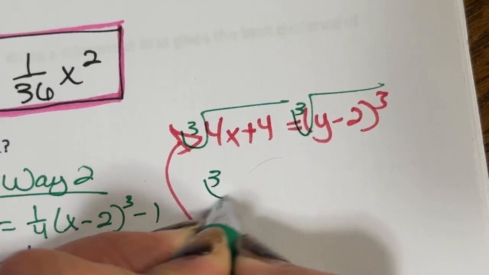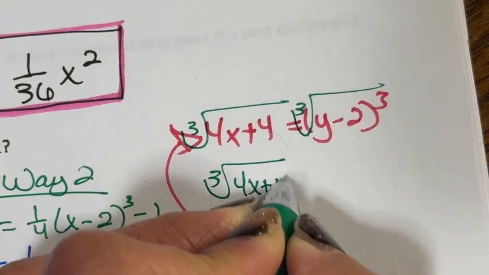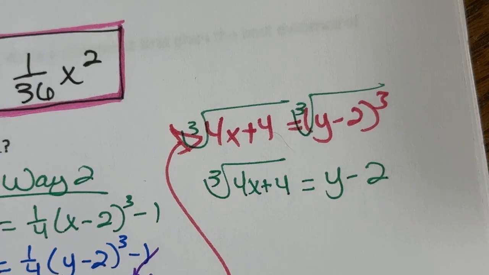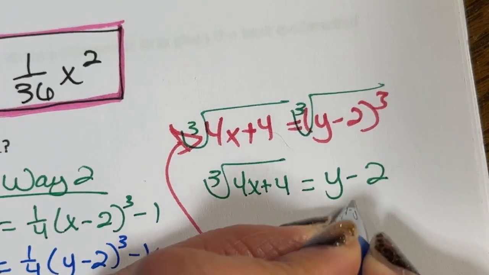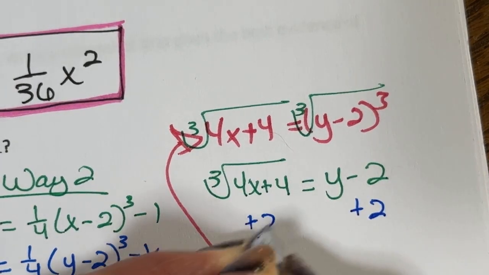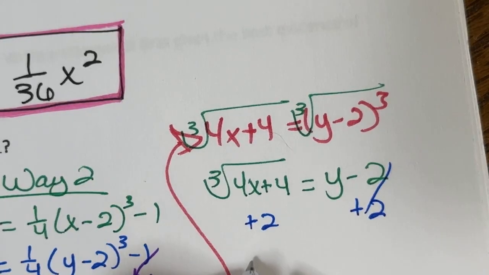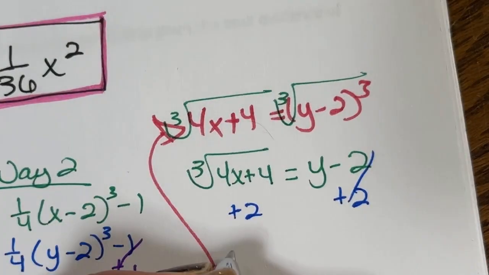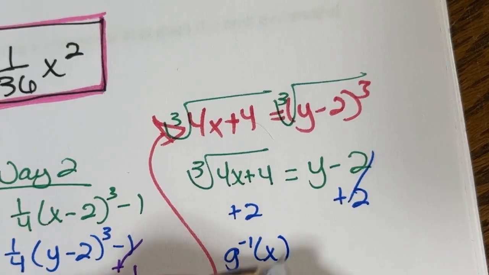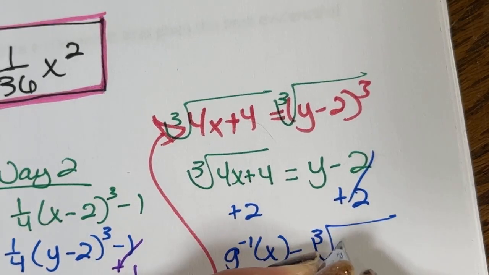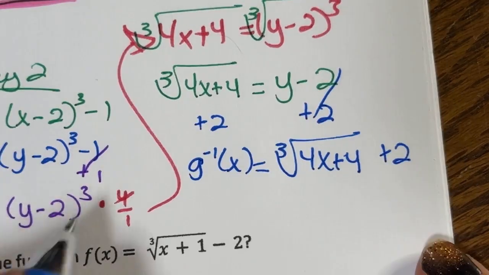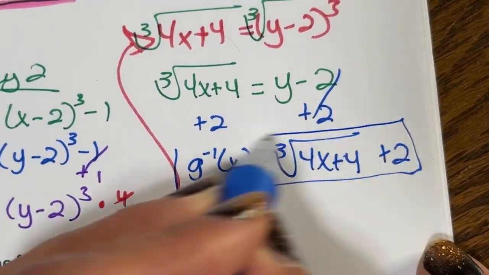So I'm going to have the cubed root of 4x plus 4 is equal to poof, y minus 2. And then we need to get rid of that minus 2 by adding it to both sides. So then we could put y equals, but let's put the function notation back on. It says g of x, so g inverse of x equals the cubed root of 4x plus 4 with a plus 2 tacked on the end. And there is our inverse.